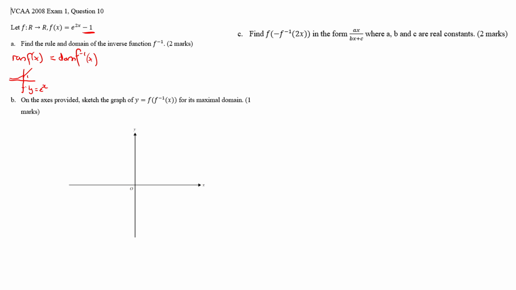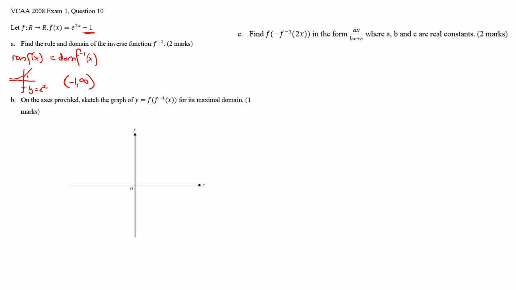So that gives me an understanding of what my range will be. So that means my range of f of x is going to be not equal to -1 all the way to infinity. So that is what my domain of my inverse will be.